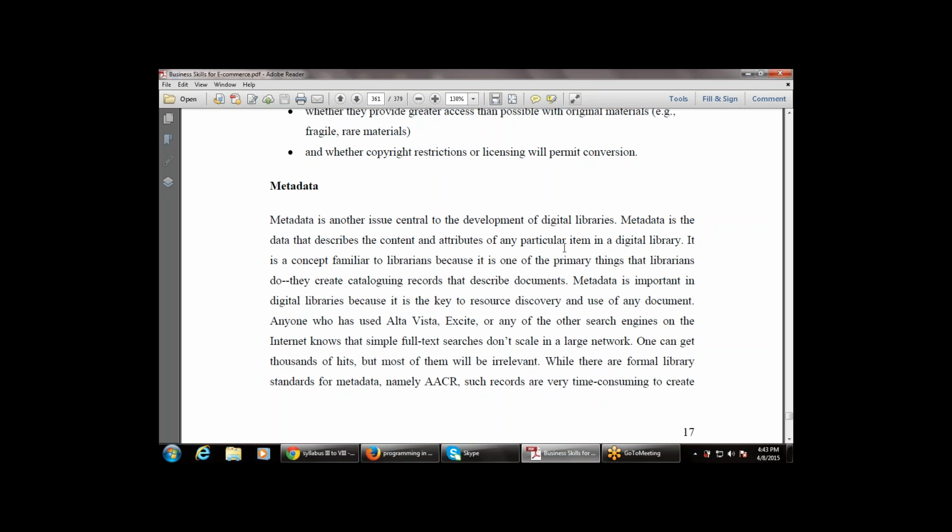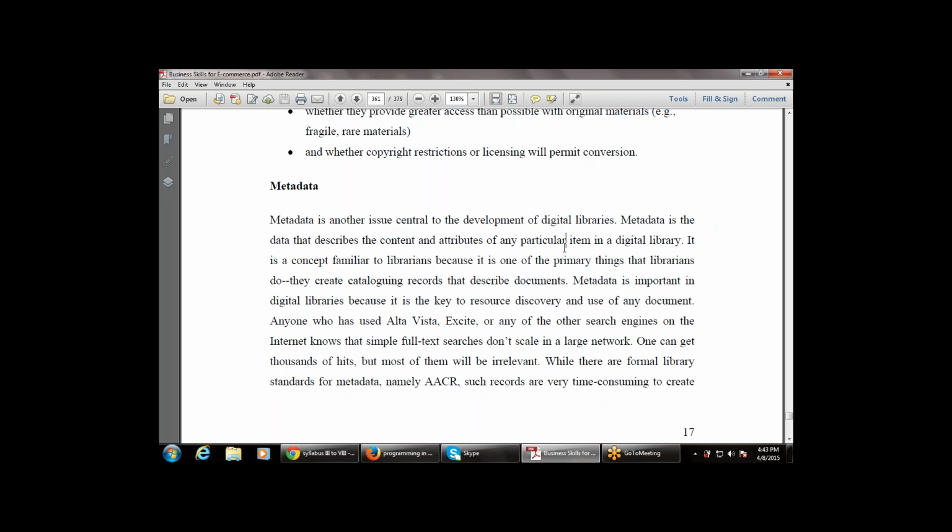It describes the content and attributes of a particular item in the digital library. Whatever content is stored in the digital library, if I want to get information about that content, metadata describes the content of a particular item.